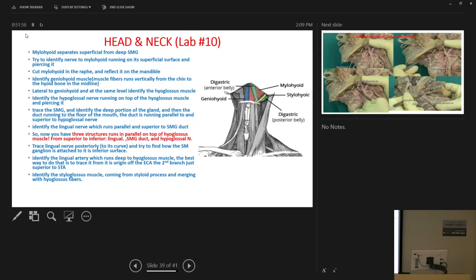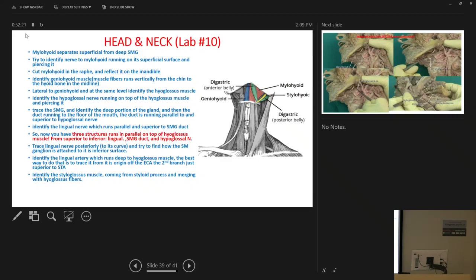What I would like you to do is to cut it from its attachment to the hyoid bone like that, and then just reflect it on the mandible. So cut the mylohyoid muscle from its attachment to the hyoid bone and reflect it on the mandible like that. Cut the anterior belly of the digastric and move it out of your way.